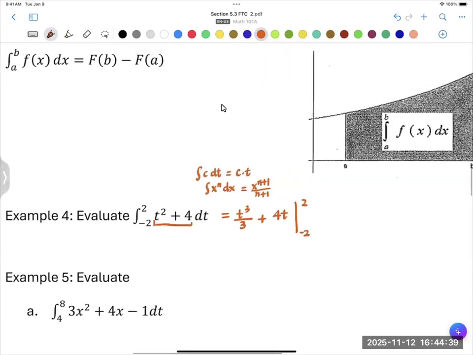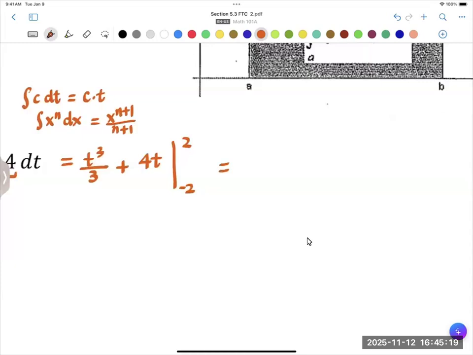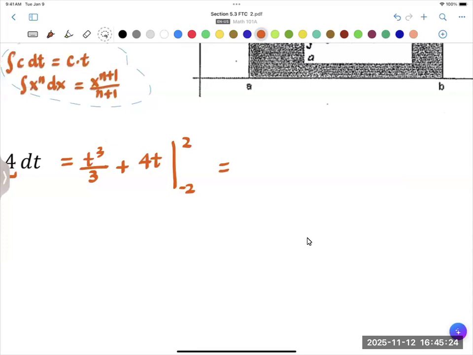And the fundamental theorem part 2 is telling you that you will put the upper bound into the antiderivative function and take that minus the lower bound. So how would we put this in? We're going to put 2 into the t.